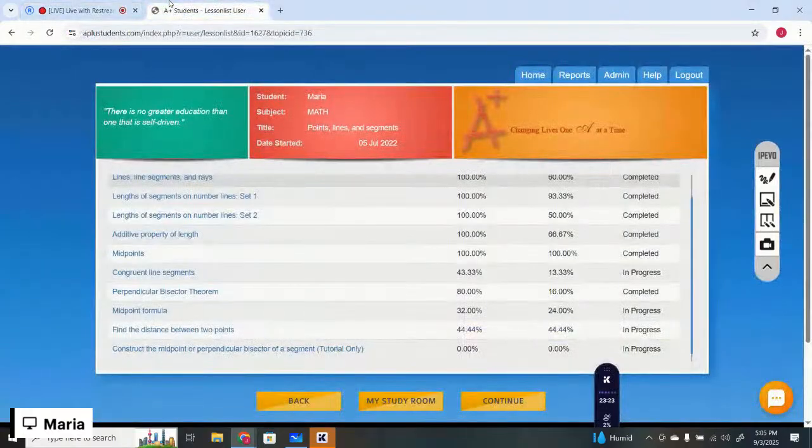Okay, here I'm on grade 10 math. Let's just start with the lesson that is congruent line segments.